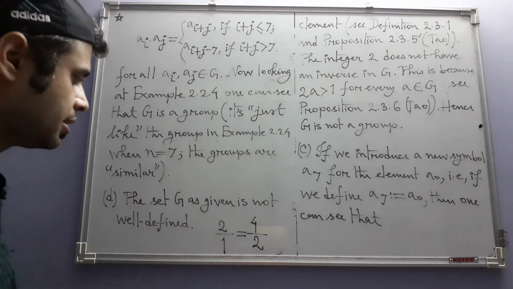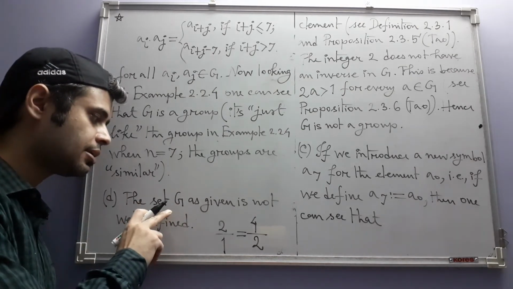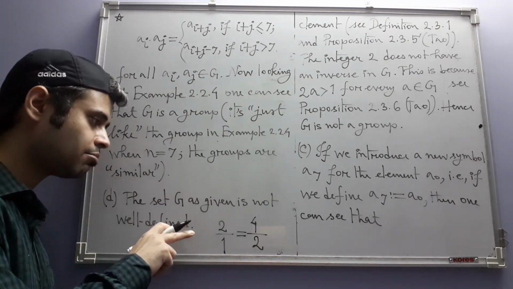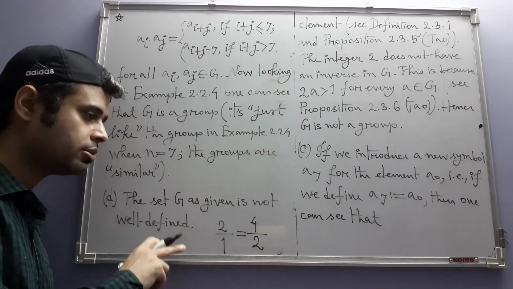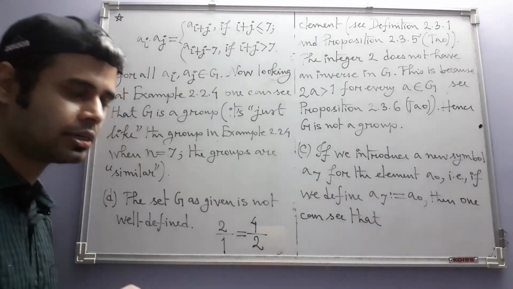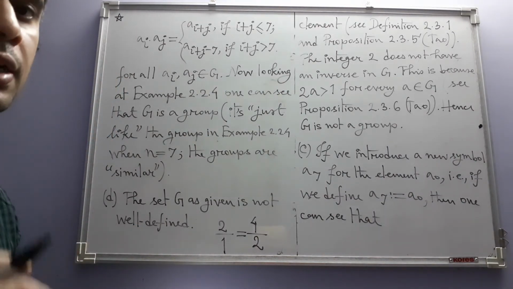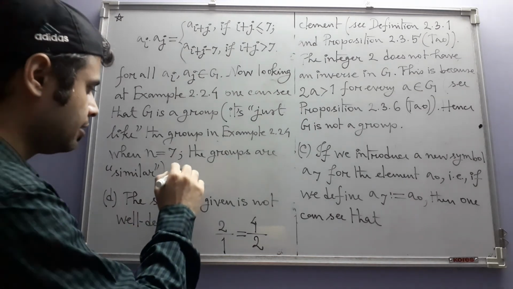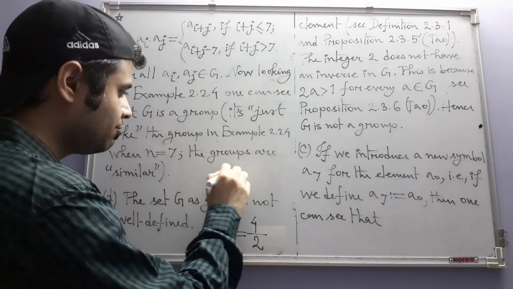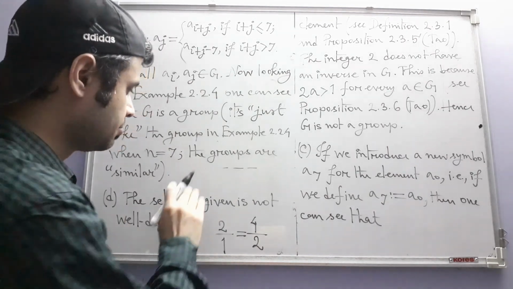The problem is that Herstein says that those rational numbers which have odd denominator, if you are given a rational number, its numerator and denominator are not uniquely defined numbers. A rational number can have infinitely many numerators and infinitely many denominators.